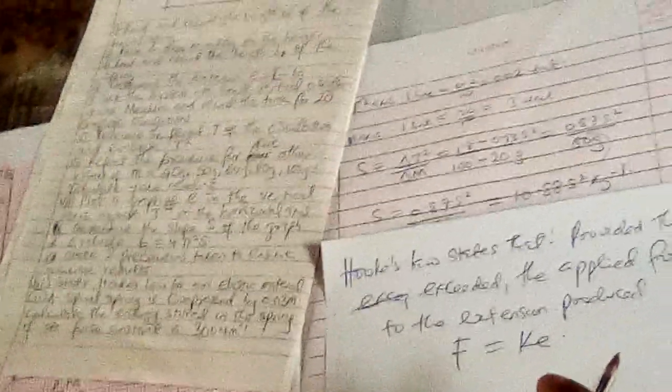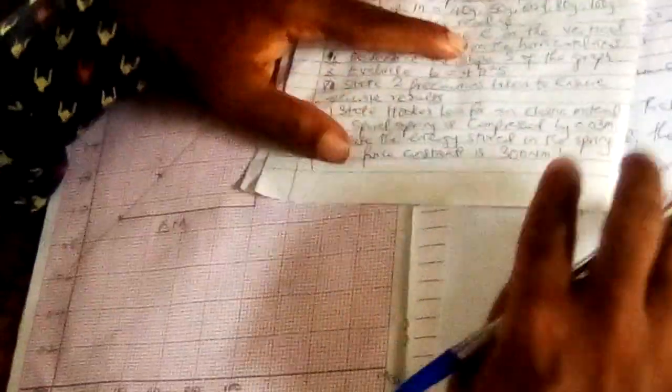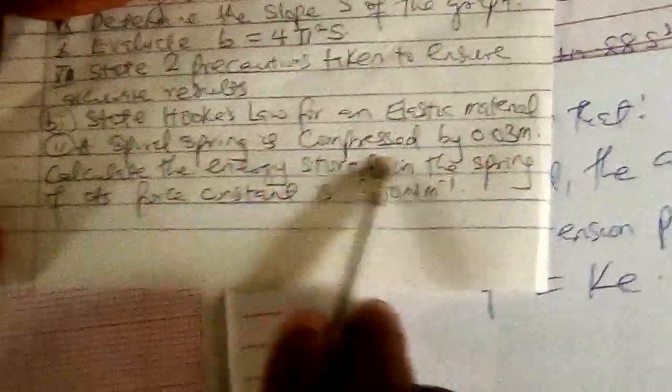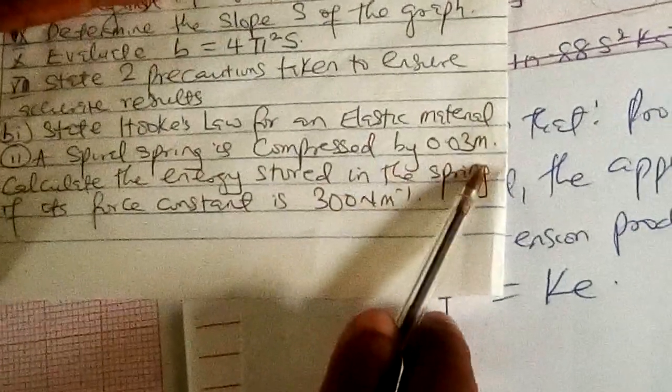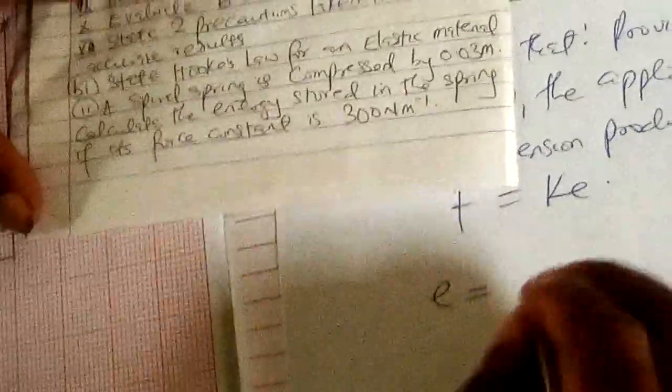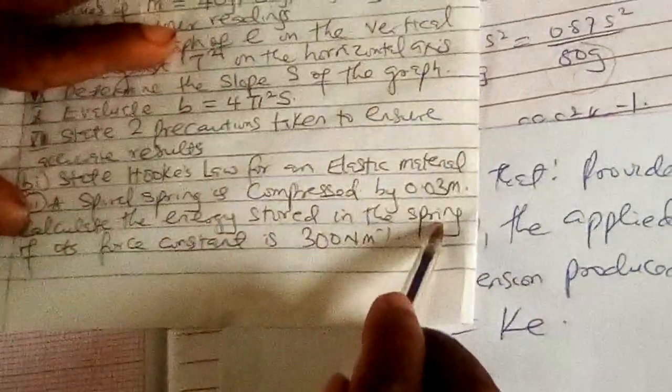They have a question here that says a spring is compressed by 0.03 meter. So that compression also stands, in other words, for extension, but in the opposite sense. Calculate the energy stored in the spring if the force constant is 300 Newton per meter.